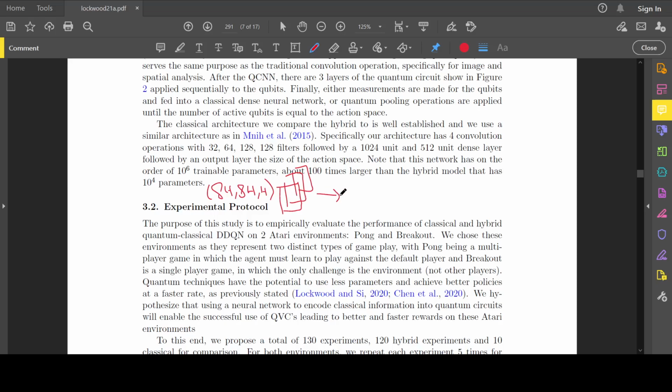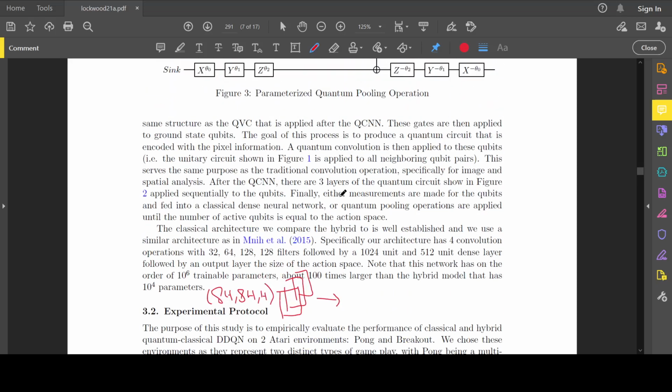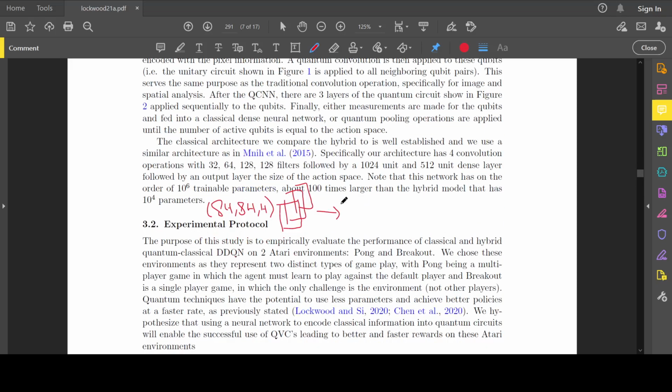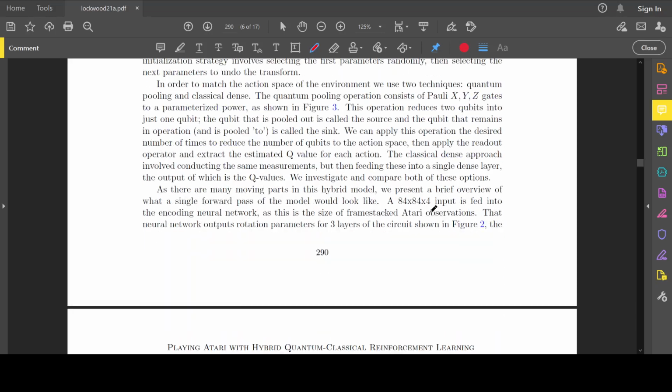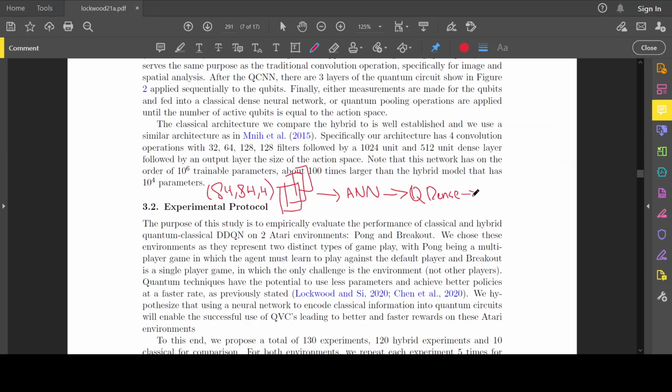I should say, you can read all the introduction and stuff, but this is getting straight to the meat of it, ignoring that stuff. That goes to your classical network, which then goes to this, I'll do quantum dense, Q dense, which was described right here. And then this goes to QCNN, and depending on the exact depth you can vary this, but the idea is QCNN to pool.